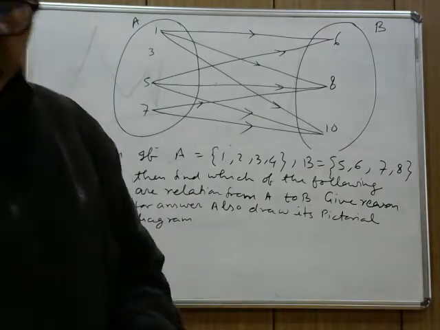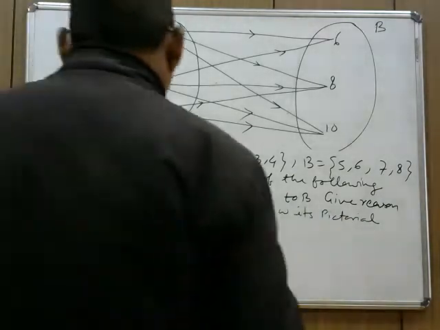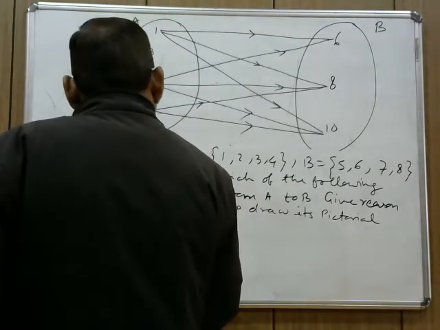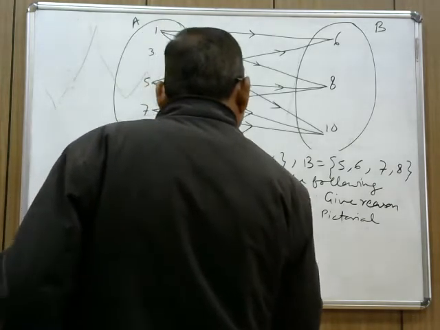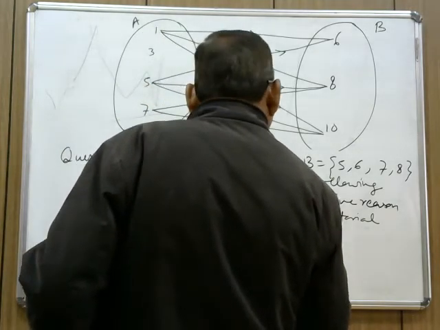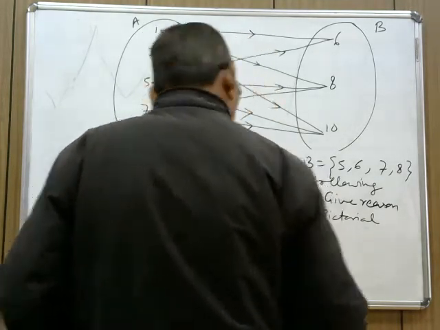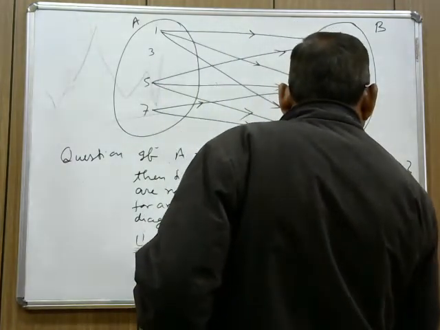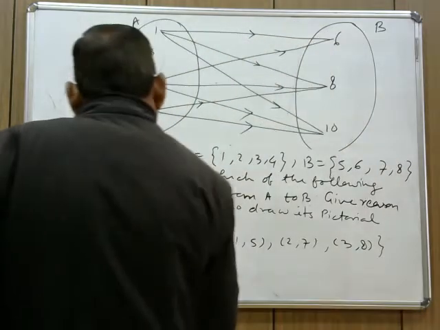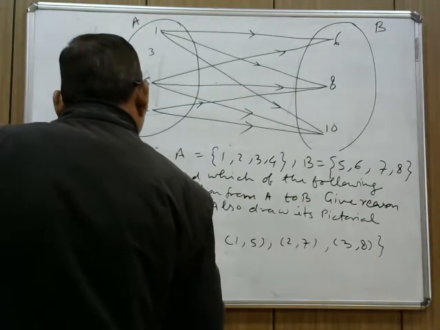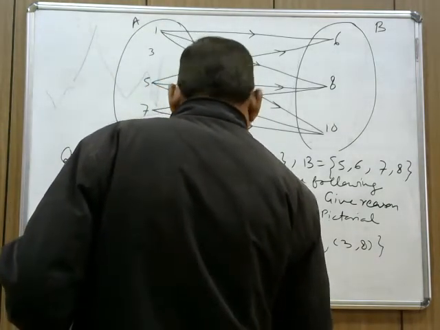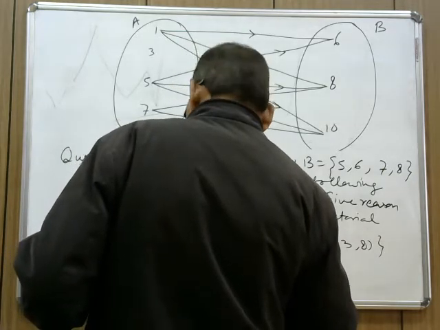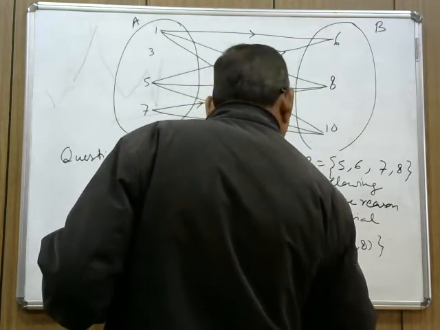Set A and set B are given and your relations are defined as follows: the first relation is R1 equals the ordered pairs (1, 5), (2, 7), (3, 8), and the second relation is R2, (6, 2), (3, 7), (4, 7).